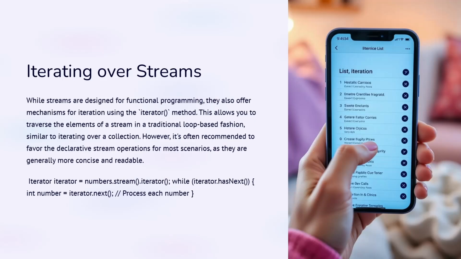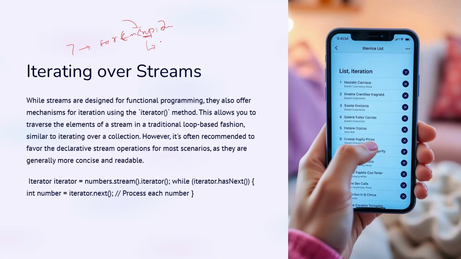Okay, next topic, iteration over streams. I think you know that from Java 7 you have the for loop, right? So how are we doing it? We get the object in a for each loop, for example employee emp in the employee list.